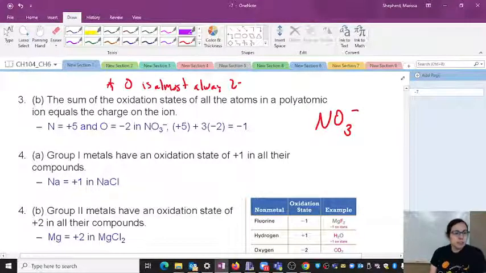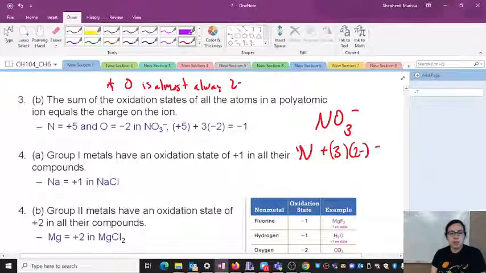So then we can use this to determine our nitrogen. We have -2 for oxygen. And we have our N here, just for our oxidation state, plus 3 oxygens times -2, all has to equal -1. So we do the algebra.